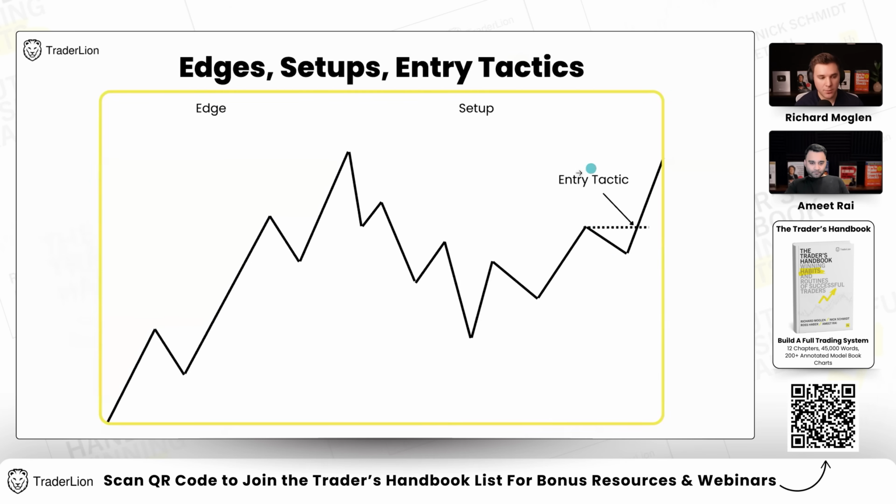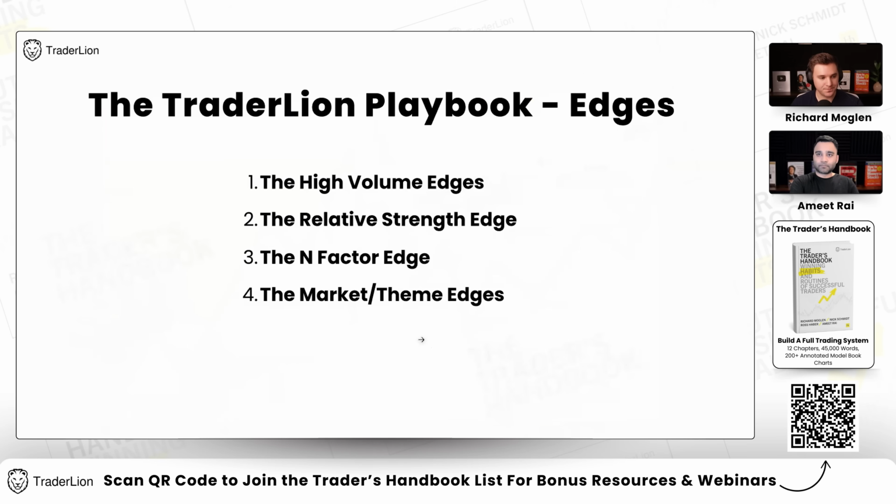You just have to develop for yourself what are the edges you want to focus on, what are the larger setups and patterns that show high probability for how you like to trade, and then what is your set of entry tactics that you can use to execute within that setup. And we'll complete the link next webinar by talking about the different entry tactics we use for the different setups that we present today. But this is just a very high level example of how these three fit together.